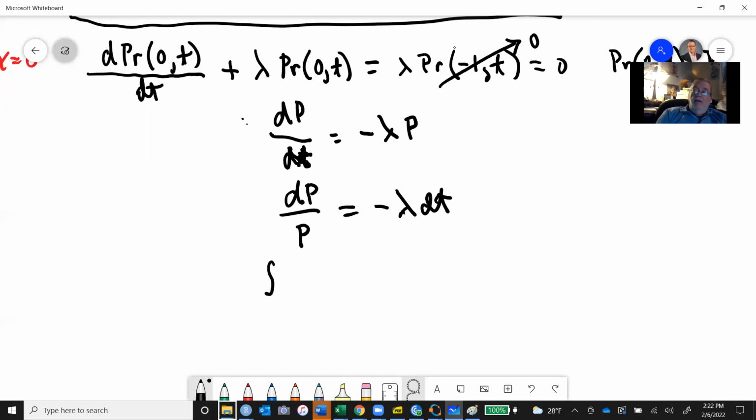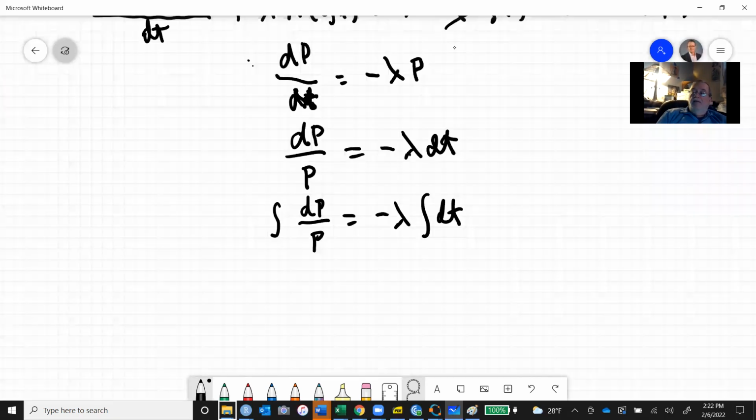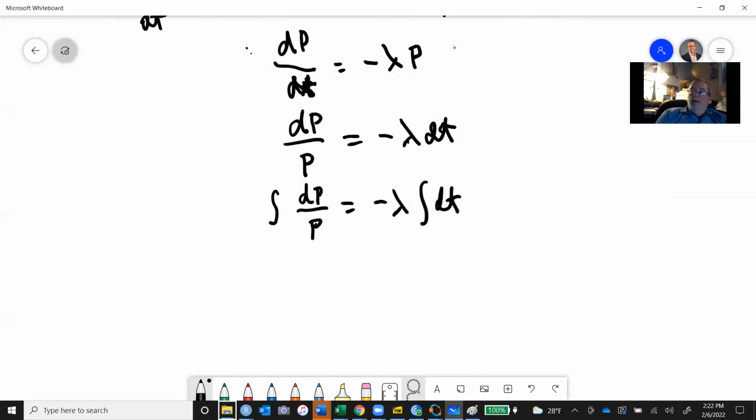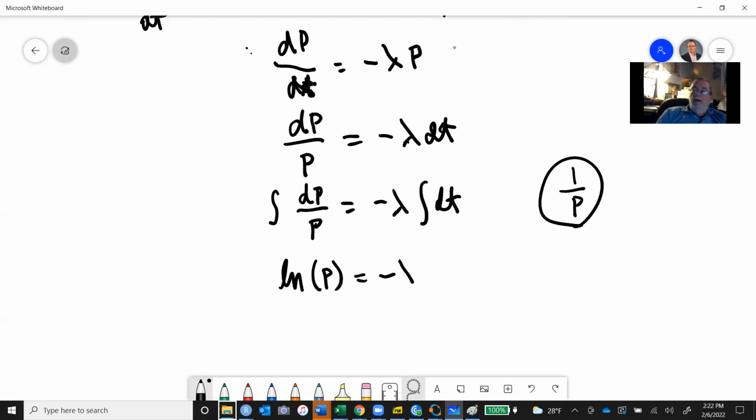So if I integrate both sides, on the left-hand side, this is practically the definition of a natural logarithm of p. It's integrating 1 over p. And if I integrate over here, it's minus lambda t.